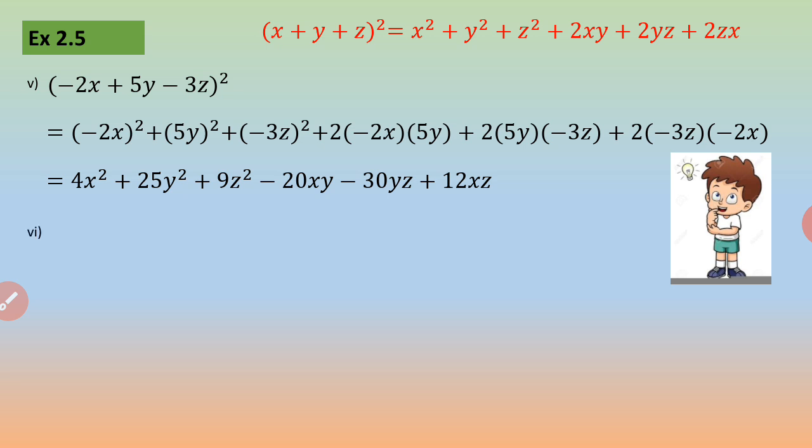With this, one more to go. Here x is 1 by 4a, or it is a by 4 also, whatever you are comfortable with. Accordingly, the changes are to be done. Y is minus 1 upon 2b and z is 1.